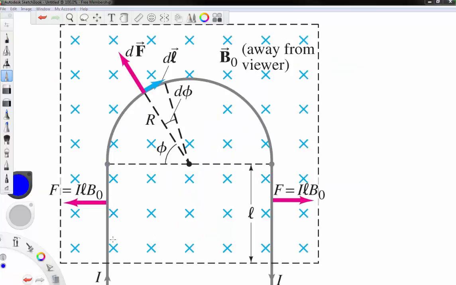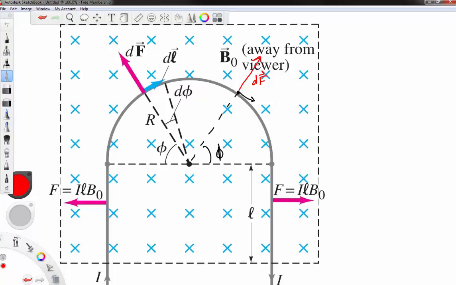Alright, here is our diagram of the setup, and we notice that by symmetry the force on these two straight wires is going to cancel out, so the only part that really matters is this circular wire. Similarly, by symmetry, I could redraw this angle over here on to this other side, like so. So here would be phi, and if I've redrawn it like this, then dl is this way, and I still get that dF ends up being out like this.